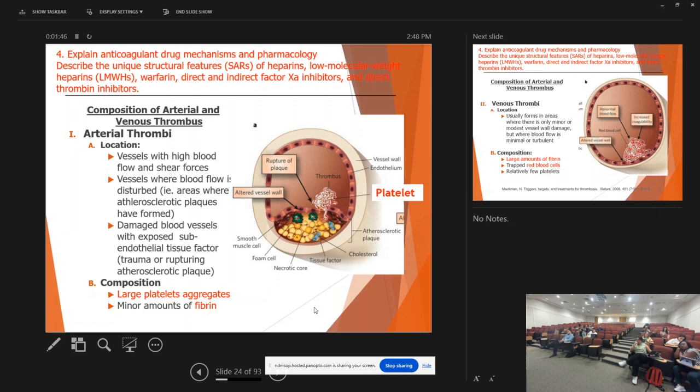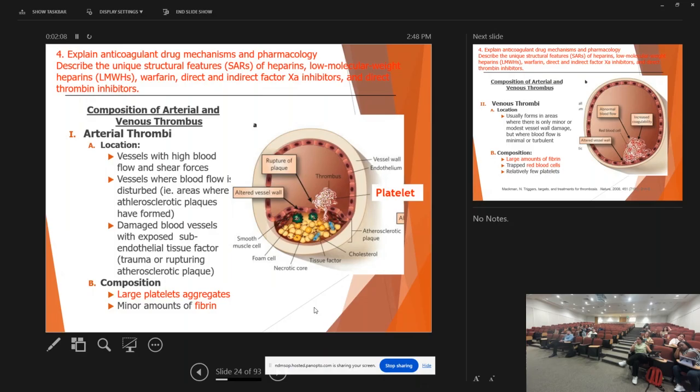This is where it happens in the arteries. You also see some tissue factor. But mainly, this thrombus is made up of platelets, and these platelets are the culprits that we need to worry about.